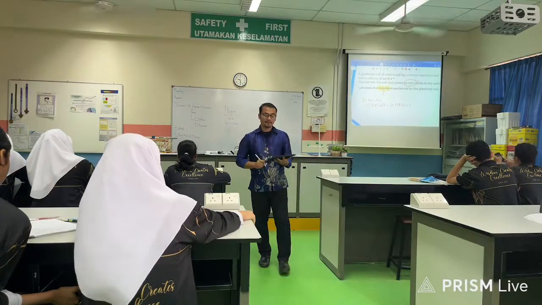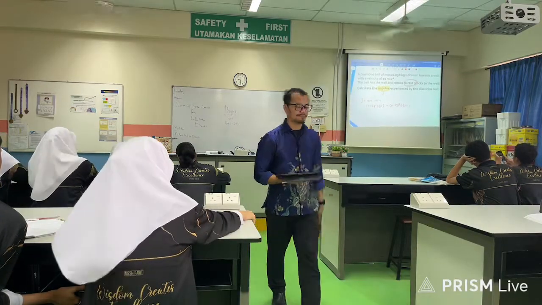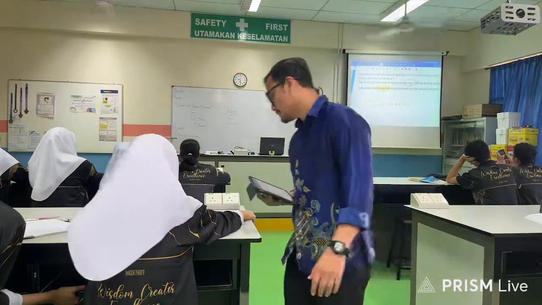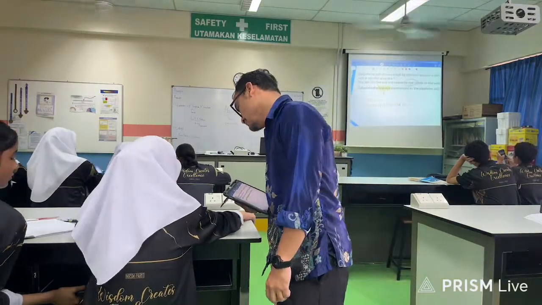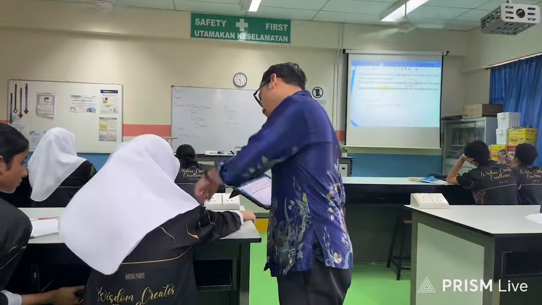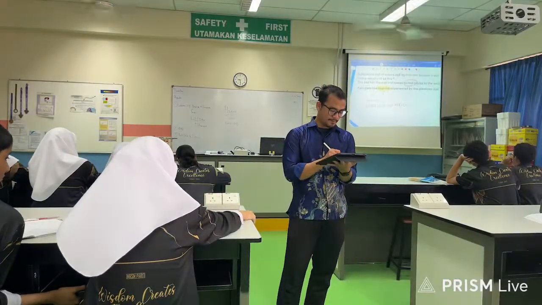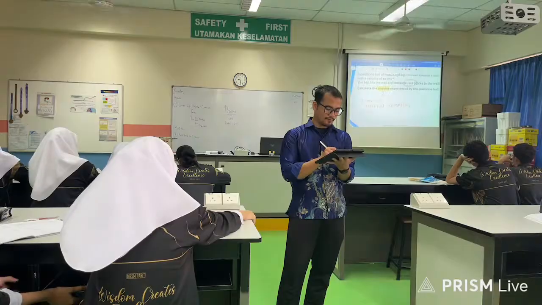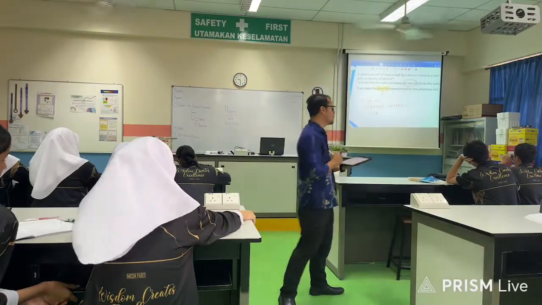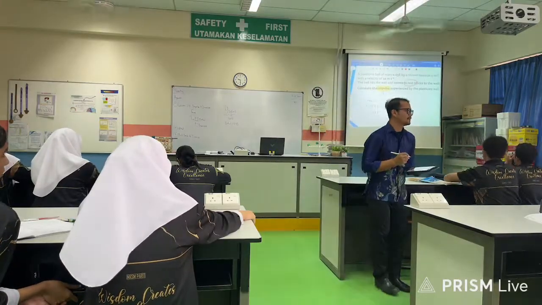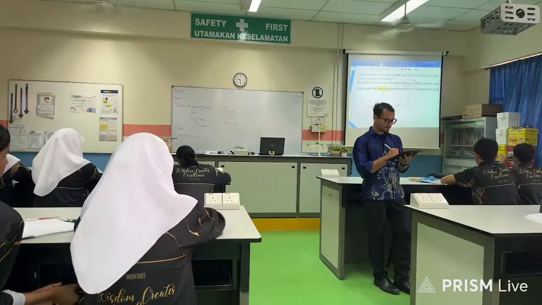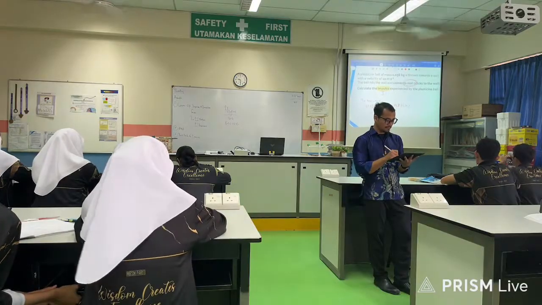Can someone calculate for me? Negative 0.58, and the unit for impulse is Ns.